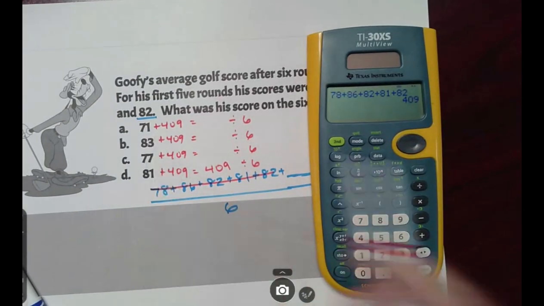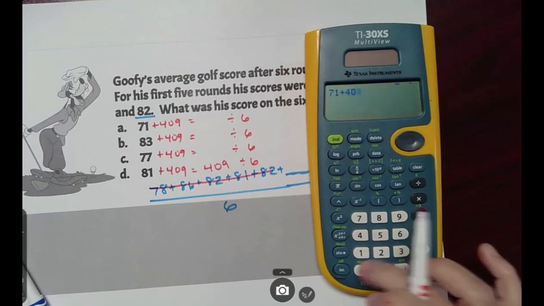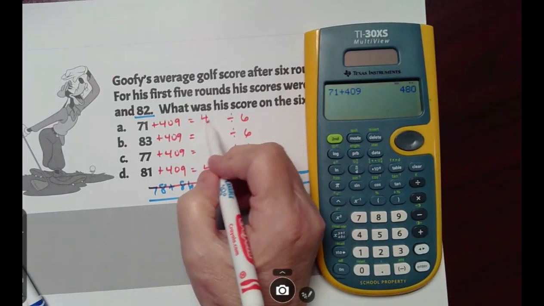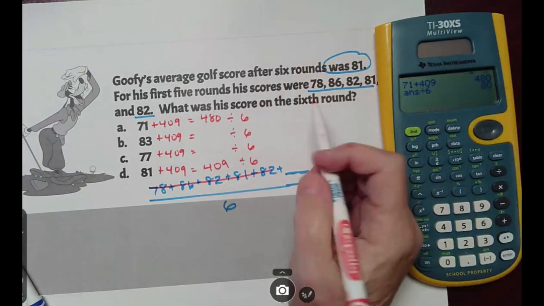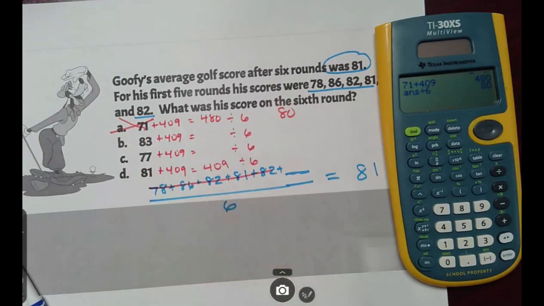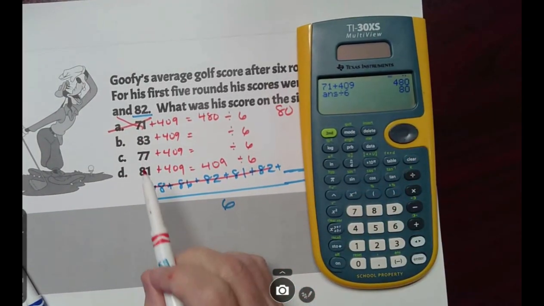So let's go with answer choice 1 first. 71 for that score plus 409 that we've already scored gives me 480. And when I divide that by 6, I get an average of 80. Well, that's close, but I'm wanting an average of 81. So A is not right. So we can do 83.